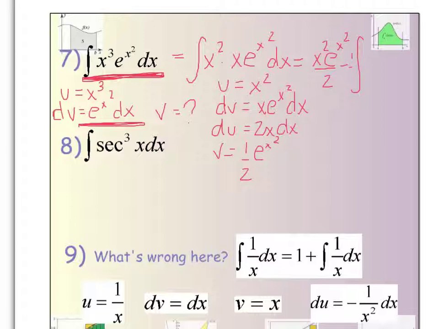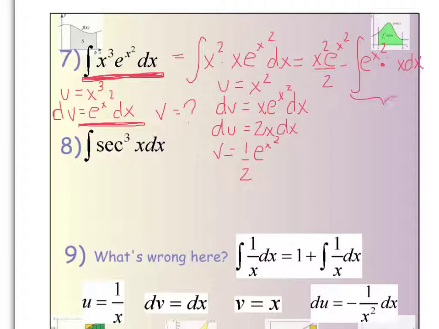So I'm going to have 1/2 e to the x squared du. It's going to be 2x dx. And I'm going to take out the 2's. Might as well simplify it right away. So I get x times e to the x squared.